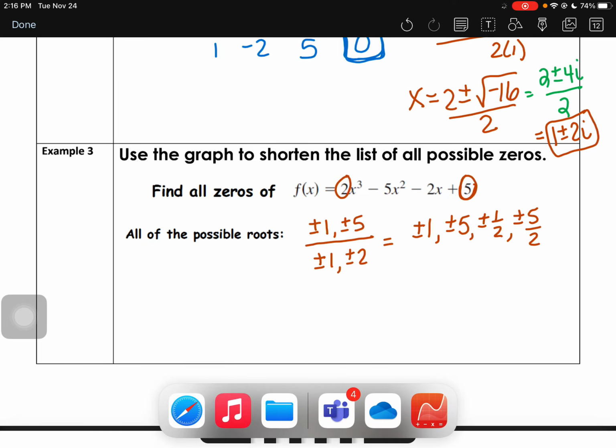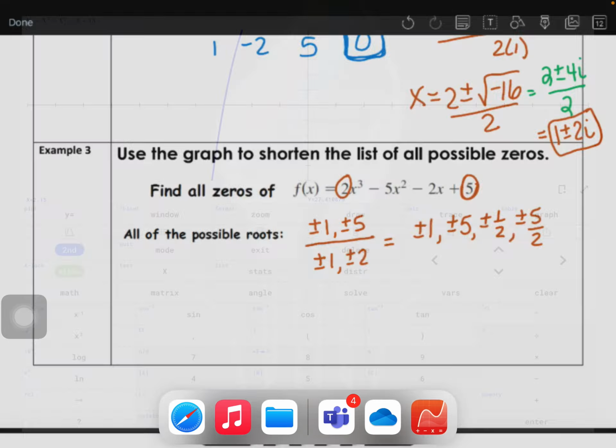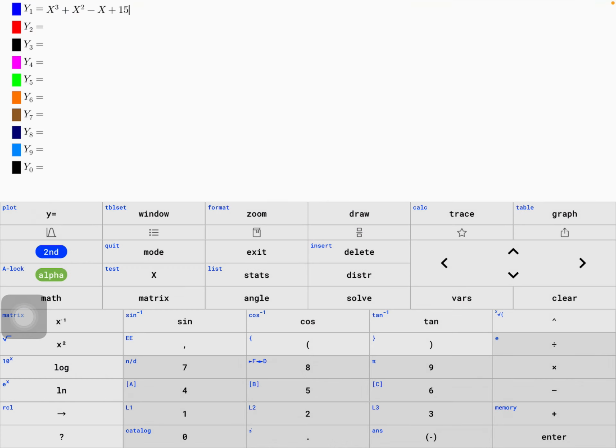So now if we go to our graphing calculator, we want to put 2x cubed minus 5x squared minus 2x plus 5 in our calculator. So press y equals, we can press clear. So we press 2x cubed.